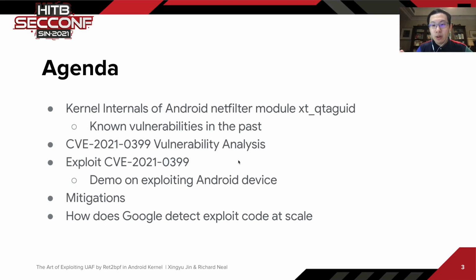We will later talk about how to exploit the vulnerability on a modern Android device, including a video demo. Richard will talk about Android kernel mitigations and how Google detects and exploits code at scale by various approaches.